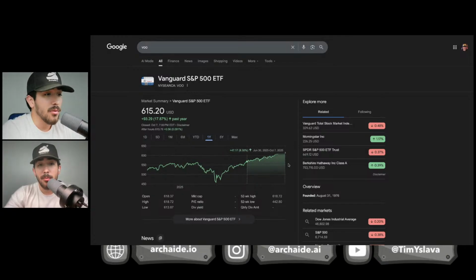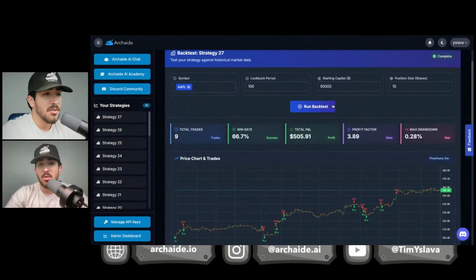Overall, the market was up only 8.3% during that time frame. If you bought and held Apple, you'd experience a 25% gain over the last 100 days. If you buy the S&P 500, you'd experience roughly an 8% gain. And if you use our strategy, you're going to experience a 25% gain.